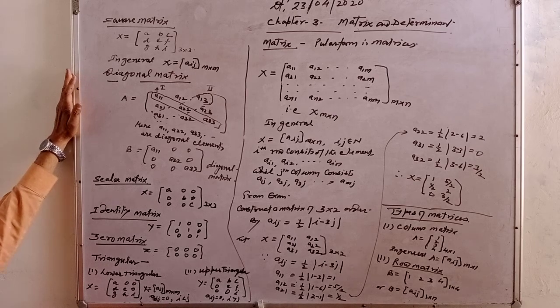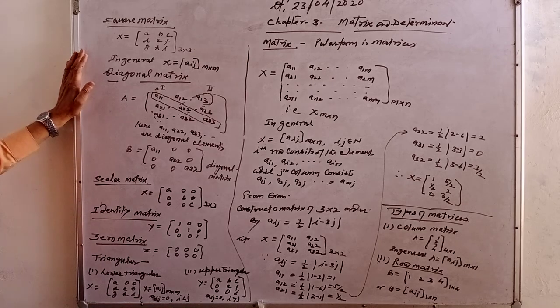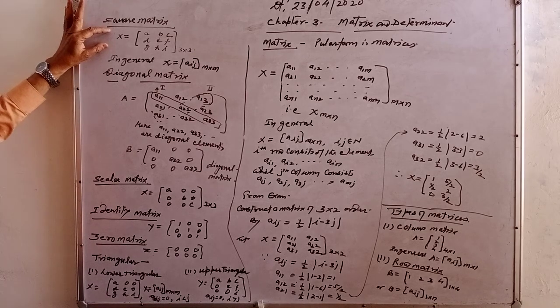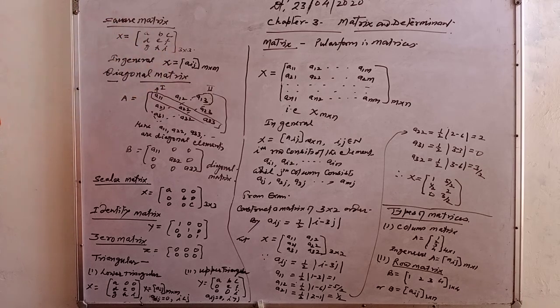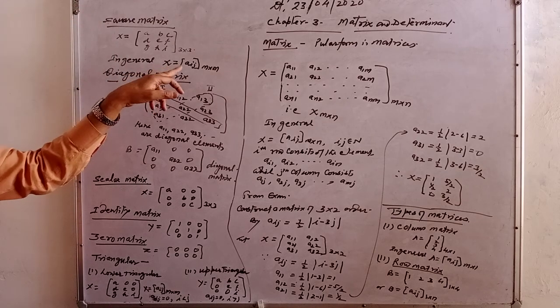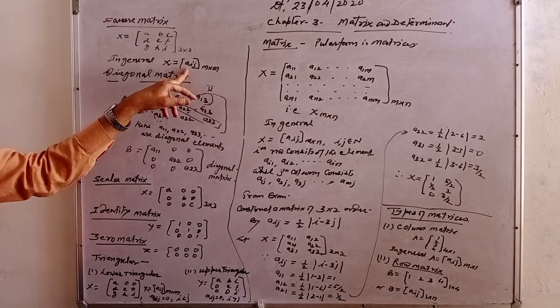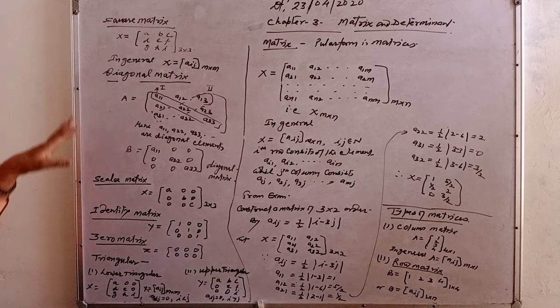A matrix whose number of rows is equal to the number of columns is called a square matrix. Written here, X is equal to a, b, c, d, e, f, g, h, i, a 3 into 3 order matrix. So rows is equal to columns. In general, X is any matrix with elements represented by aij, and the number of rows is equal to the number of columns.